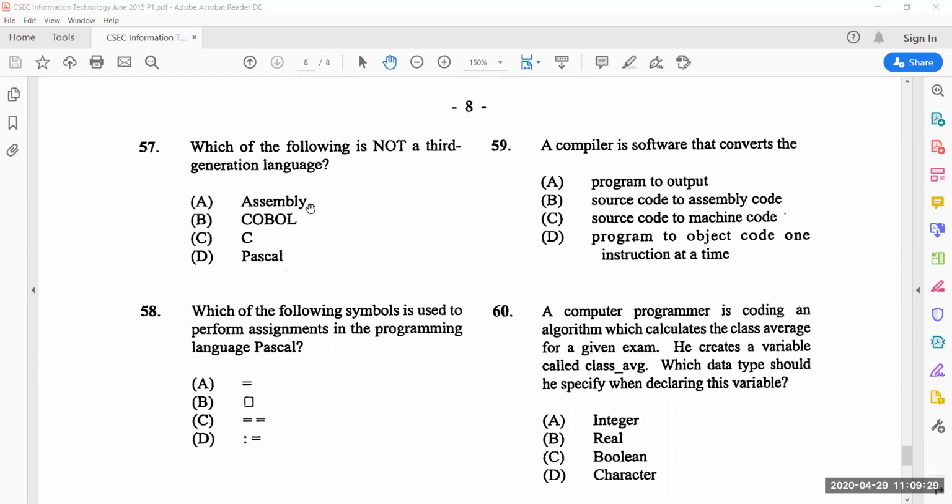All right, 58 is a Pascal specific question, but you all should be able to answer this. Which of the following symbols is used to perform assignments in the programming language Pascal?